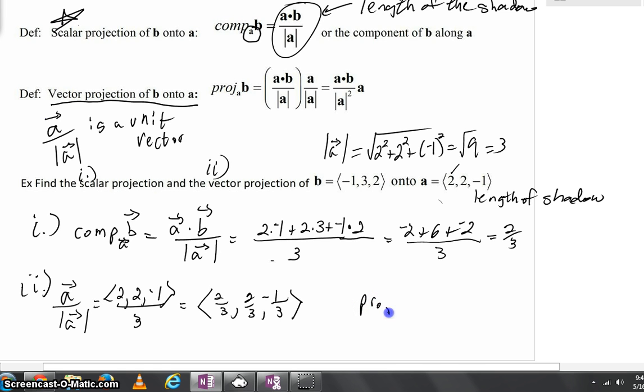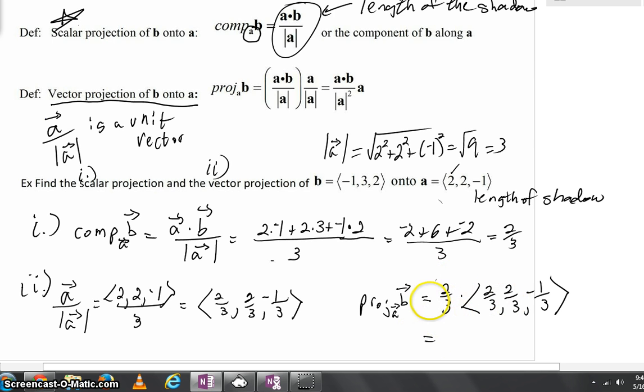Now, the projection of vector B onto vector A, plain and simply, we're going to take the length of the shadow, 2/3, and multiply it to this unit vector. When you multiply a unit vector which has a length of 1 to another vector, it's going to have a result of this new length.